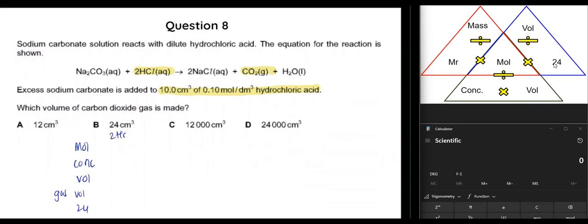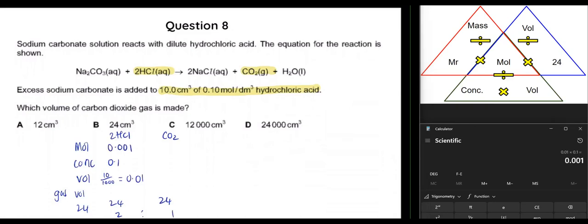So 2HCl and CO2, we've got a 2 to 1 ratio. We can put the 24 into our table. We put in what the question tells us. We've got in our volume 10 centimeters cubed, so 10 over 1,000 gives us 0.01. Now, if we've got 0.01 of a concentration of 0.1, we times those two together and we get 0.001 moles.